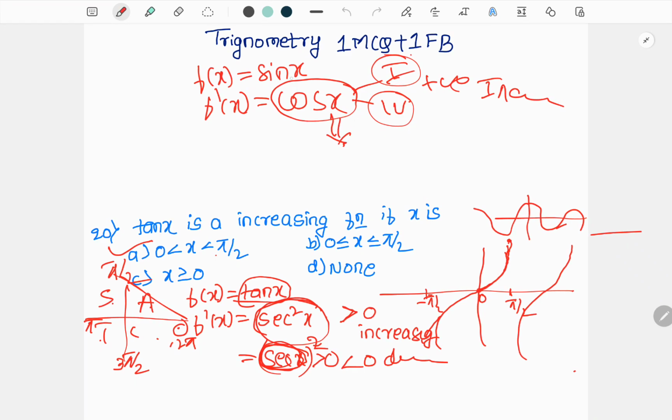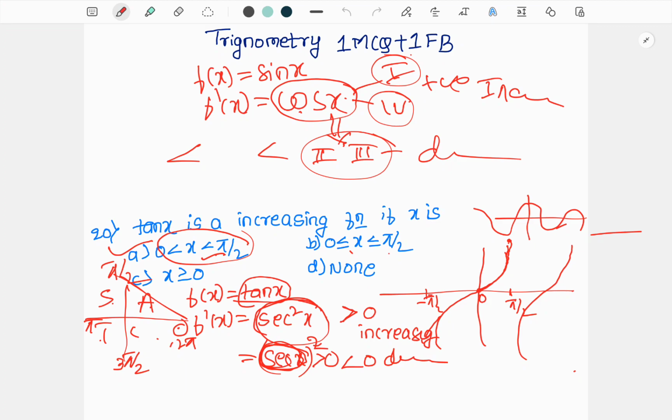Decreasing means negative, you have to check. Where is it negative? Second quadrant, third quadrant. So it is decreasing. I hope the concept is clear. Sometimes the function is not defined at the endpoint. Always use strict inequality. If strict inequality is not available in the options, go with this. Okay. So these are some questions you need to concentrate on. Thank you, students.